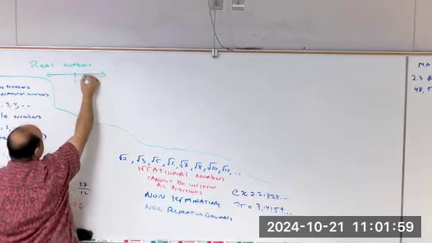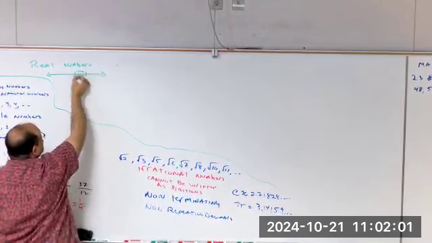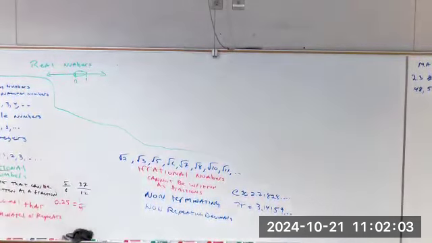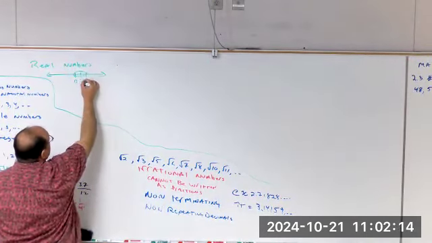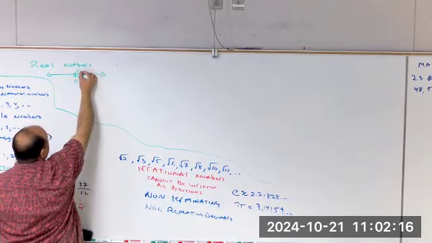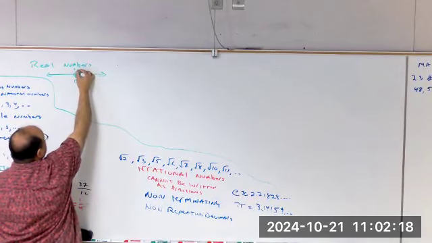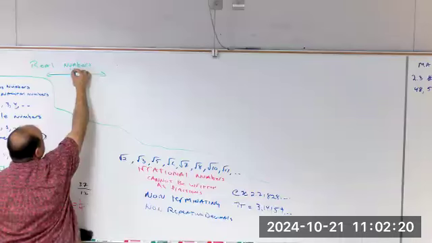There's an infinite number of numbers from 0 to 1. There's an infinite number of numbers in between 0 and 1. Because if I start at 1 and I go halfway, 1/2, and I go half again, 1/4, half again, 1/8, and half again, 1/16.